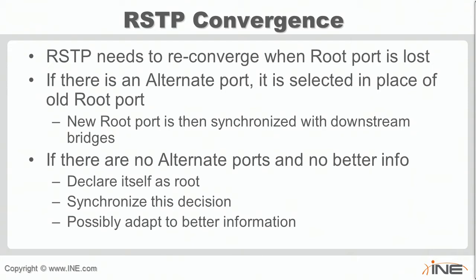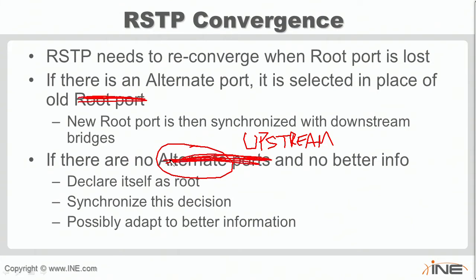Well, if there was an alternate path, that switch should have known it by blocking. But the key is that the alternate port faces upstream. Right. You could potentially have other downstream paths to reach the root bridge, but you wouldn't know that until you lose your root port and you lose your alternate ports, because it would mean that other portions of the topology would have to resynchronize to agree with you.